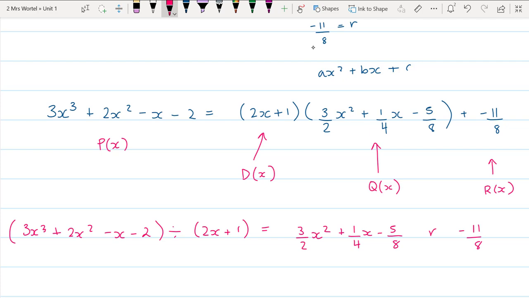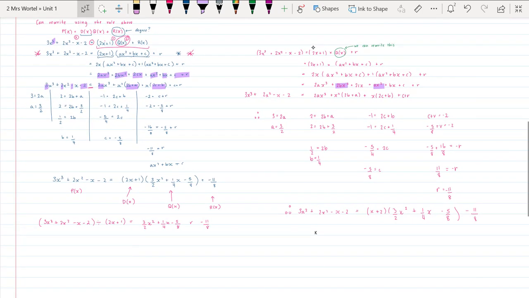So that's the technique we use to divide polynomials.